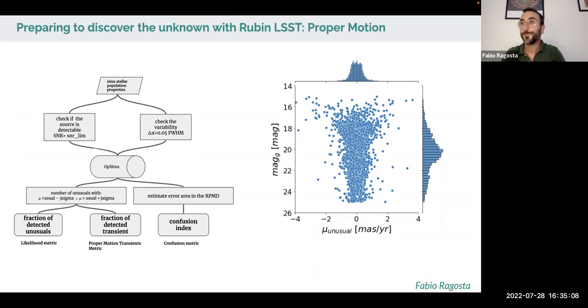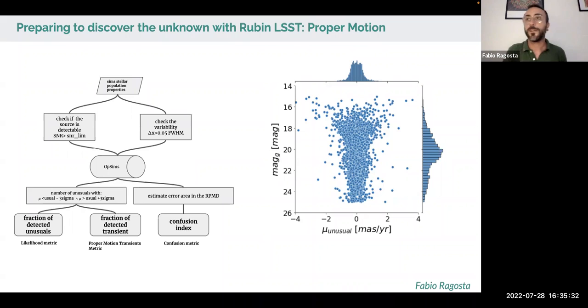Sorry for the misunderstanding. I was speaking with respect to the flow chart on the left of this slide. At the bottom of this flow chart, there are these three metrics. Each of these metrics answers one of the questions that we wanted to answer.